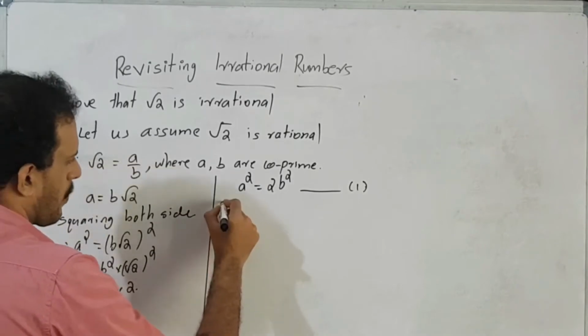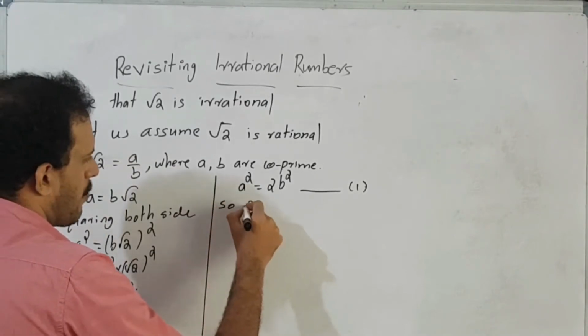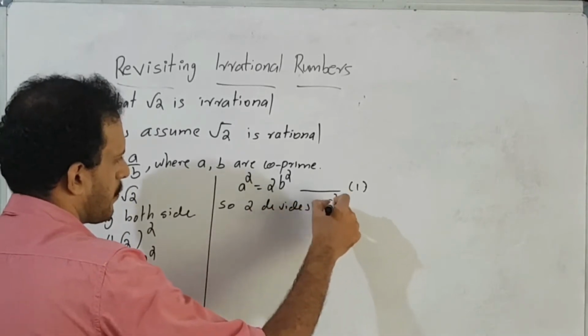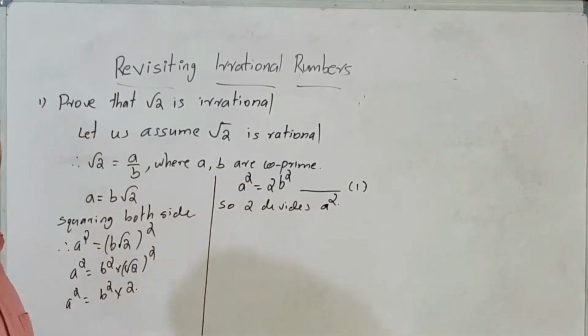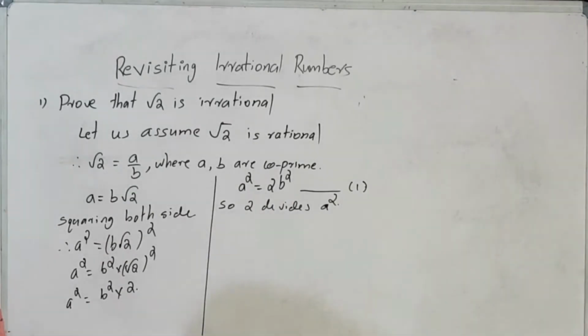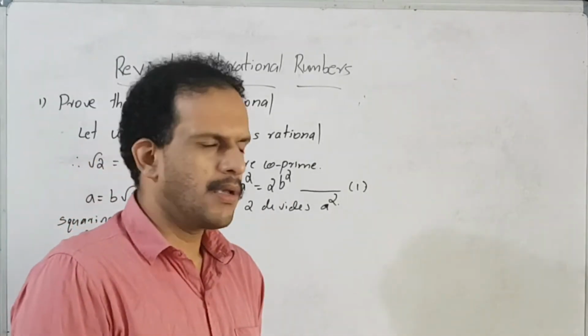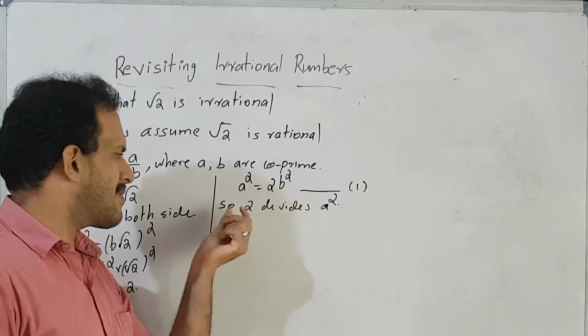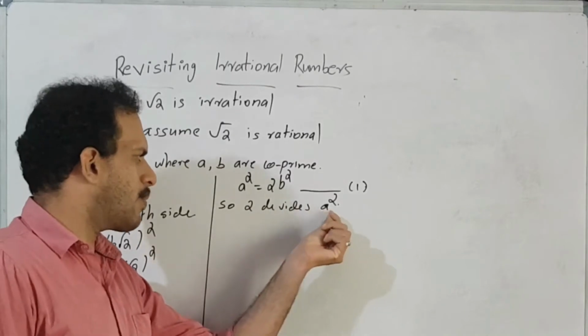So 2 divides a square. Correct? a square is a product of 2. Then by the last statement, if a prime number divides the square of a number, then the same prime number divides the number also. Correct?